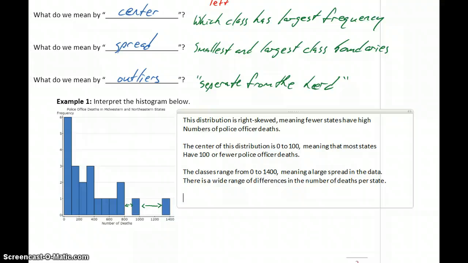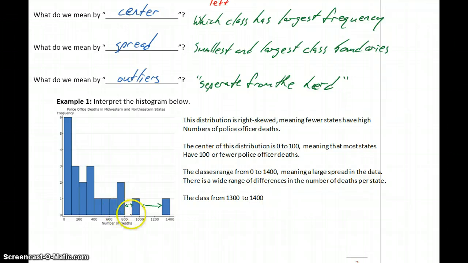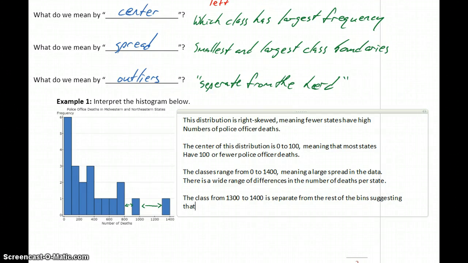And the last thing we want to talk about are outliers. The class from 1300 to 1400. And again, we could also consider this class as well. There wouldn't necessarily be anything wrong with that, but that's a small break here. We have a larger break. So the class from 1300 to 1400 is separate from the rest of the classes, or rest of the bins, suggesting that this is an outlier. It's separate from the rest of the values.